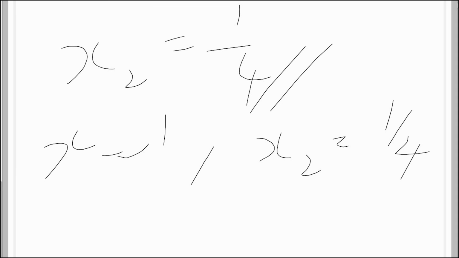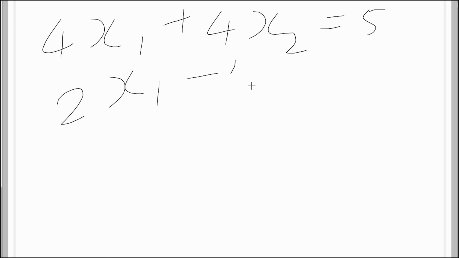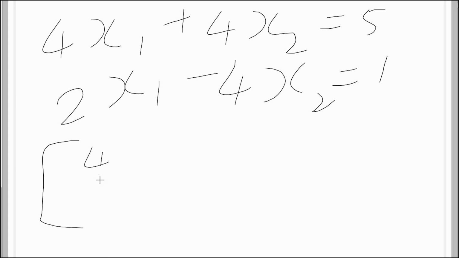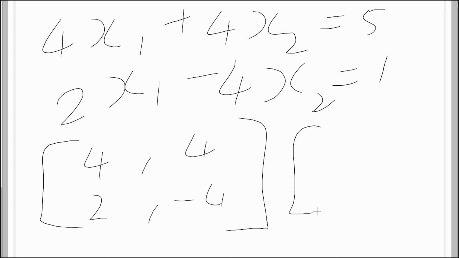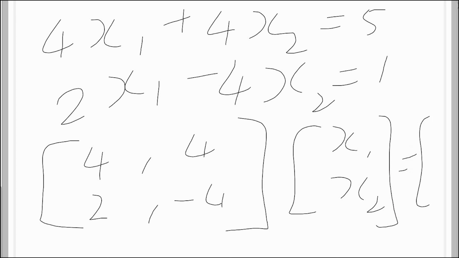For example, let me give you this example: 4x1 plus 4x2 equals 5 and 2x1 minus 4x2 equals 1. We can write this as a matrix like this. We have 4, 4, then 2, minus 4, then a vector of x1, x2, which is equal to 5, 1 in another vector.